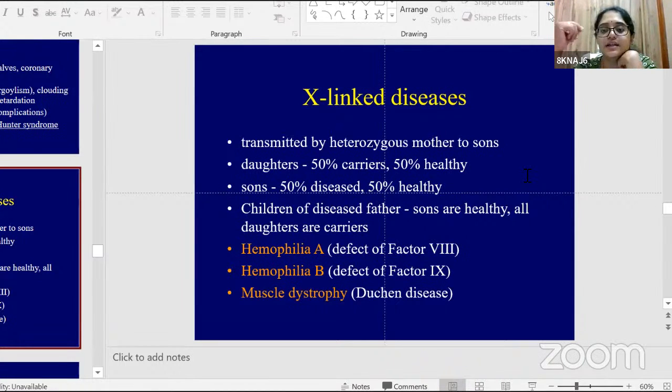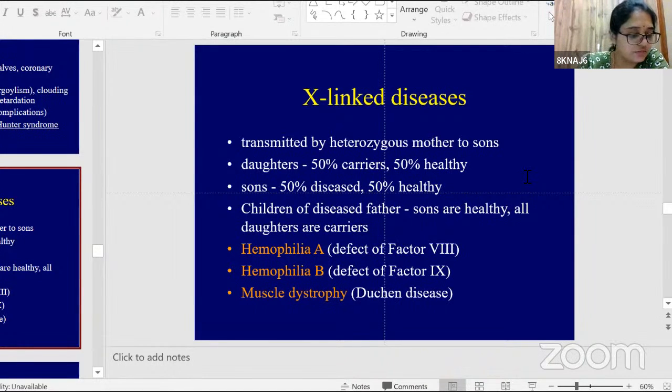Children of diseased fathers: sons are all healthy because the father will not give the X chromosome, only the Y chromosome. All the daughters will be carriers. They are not going to be affected with the disease. But children of the diseased mother: sons will have the disease, daughters will be carriers. I hope you have understood this particular relation.